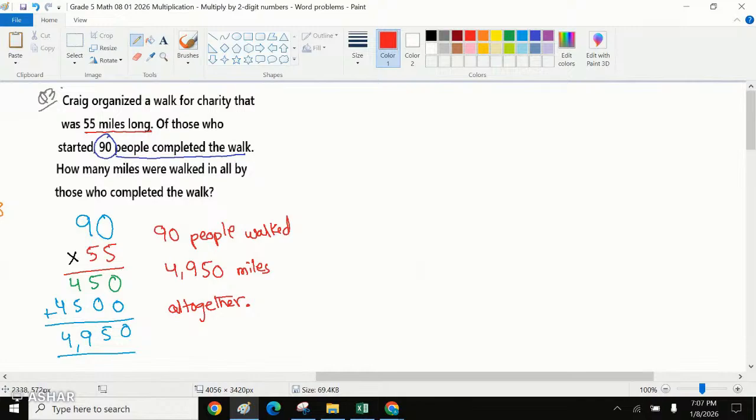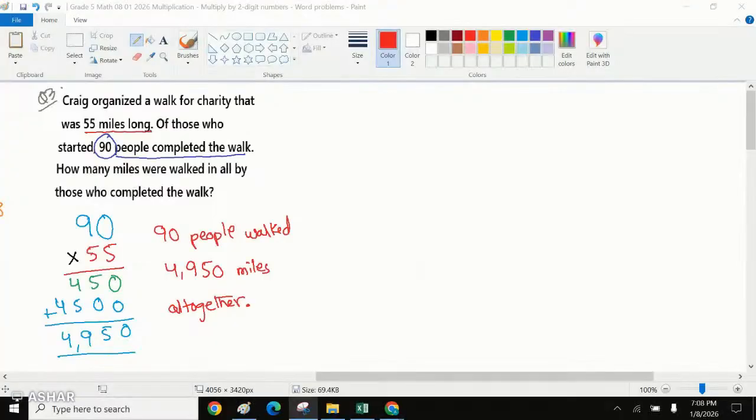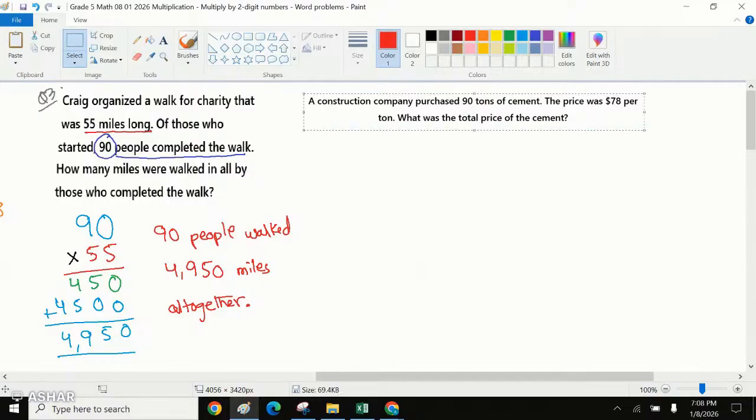Moving ahead to the next question, question number 4 in this topic, it's related to a construction company. Let's see what the construction company is doing. Are they constructing? No, they are not. A construction company bought cement.